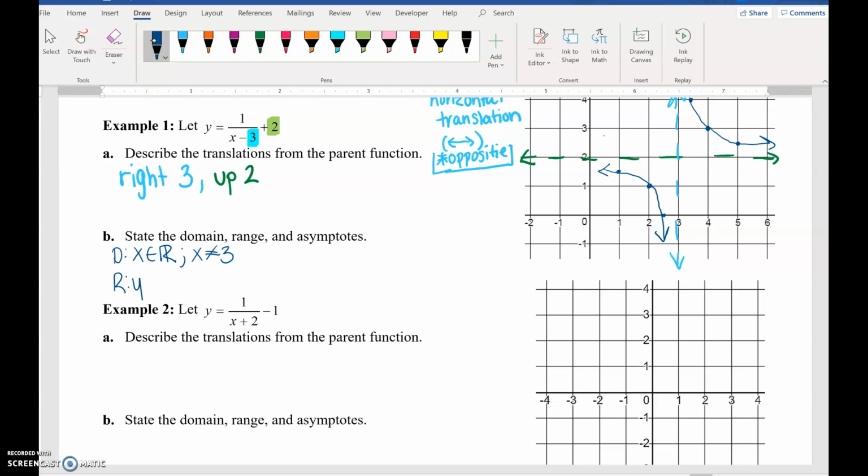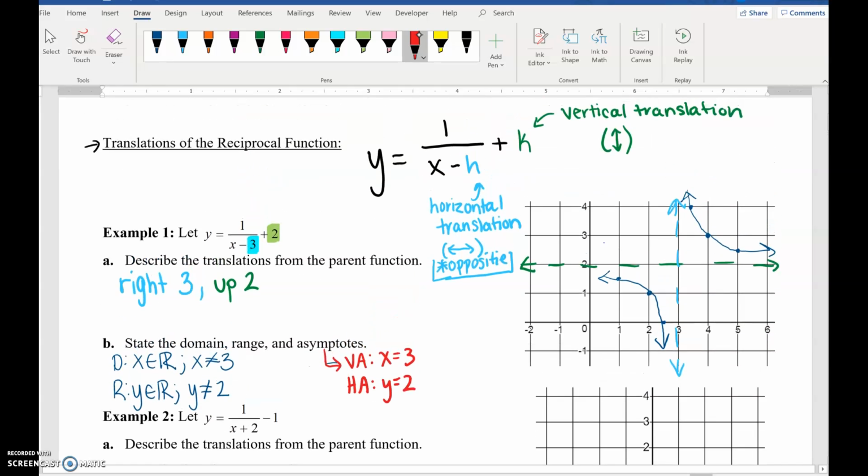And then range, y is an element of all real numbers. y does not equal 2. And then for our asymptotes, we have a vertical asymptote at x equals 3 and our horizontal asymptote at y equals 2.